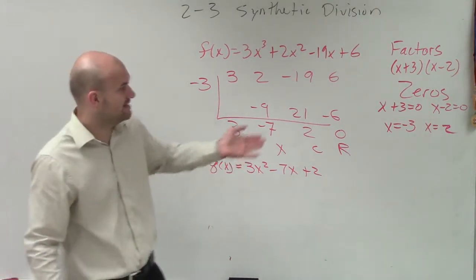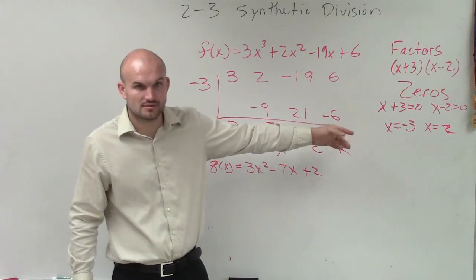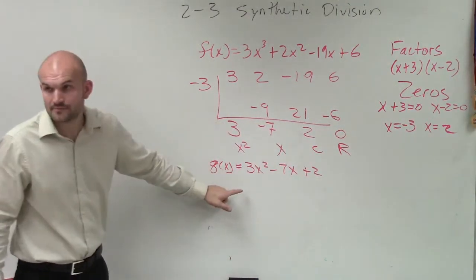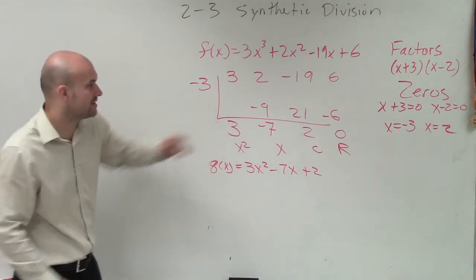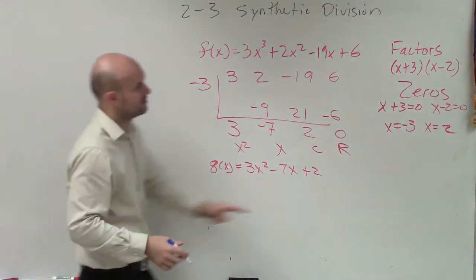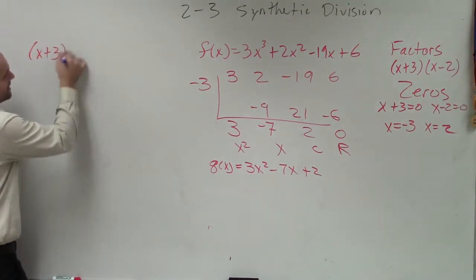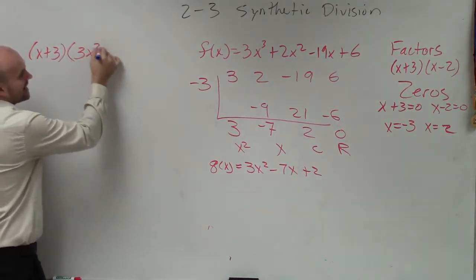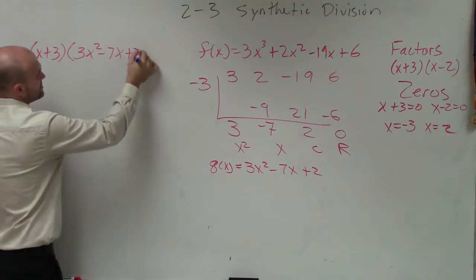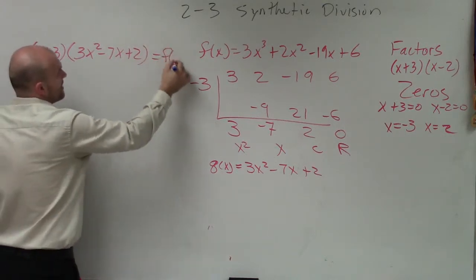D of x. And what is my d of x that I used? X plus 3. Good. So therefore, I could say that x plus 3 times 3x squared minus 7x plus 2 equals f of x.